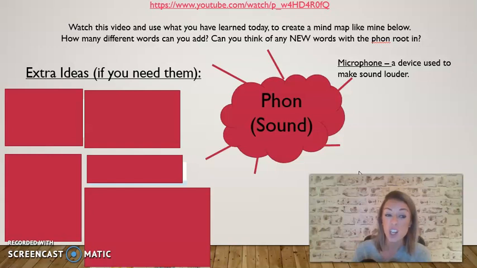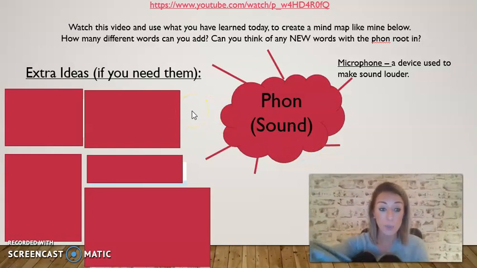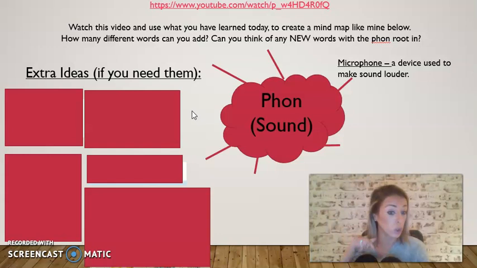So you could pause the video now if you wanted to. I am going to give you some extra clues to help you out. Now, I'm hoping that you might be able to think of some all on your own, but I'm going to post a link to another YouTube video which tells you all about the phon word root, and I am also going to reveal some pictures in a moment that should help you.